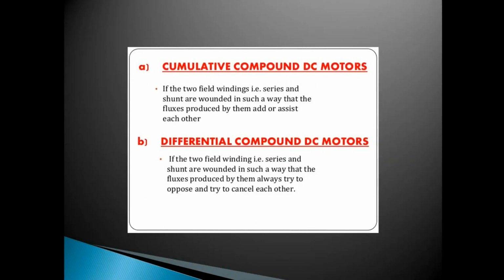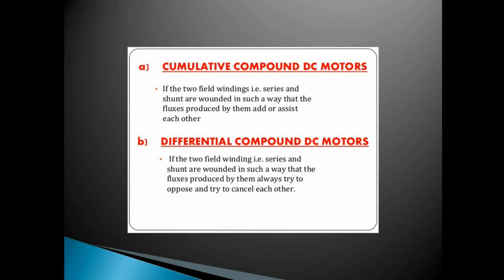A. Cumulative compound DC motors. If the two field windings, that is series and shunt, are wound in such a way that the fluxes produced by them add or assist each other.